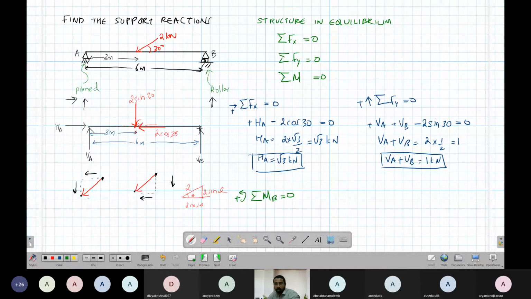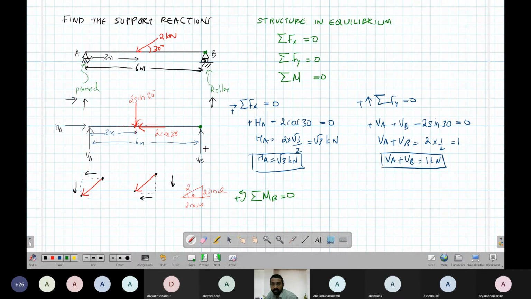About this point B, we can see what the forces are.